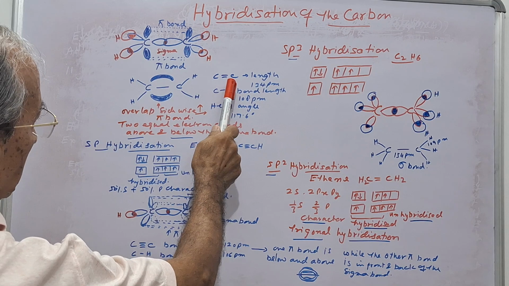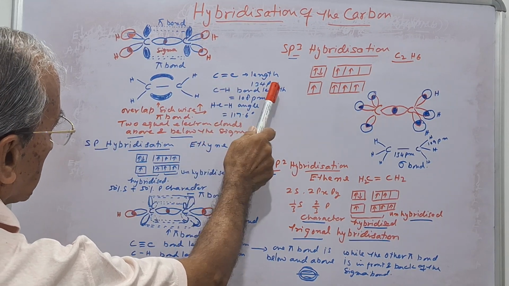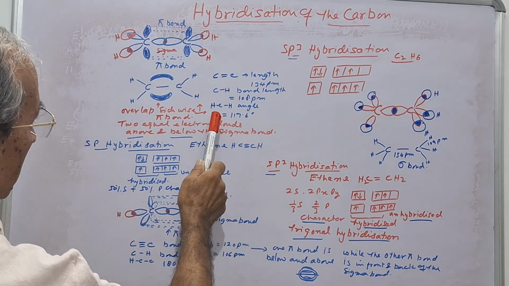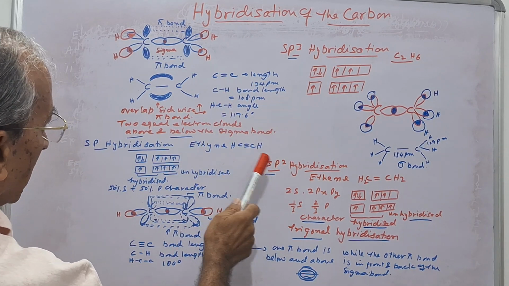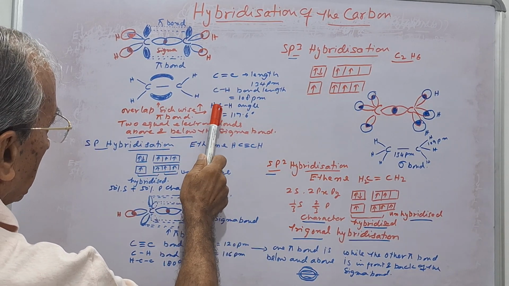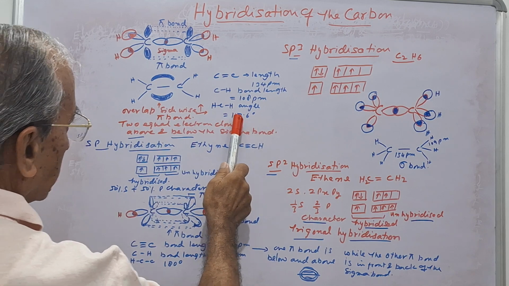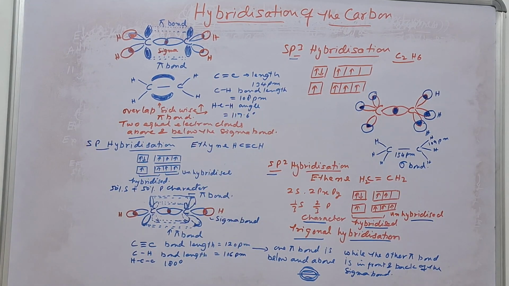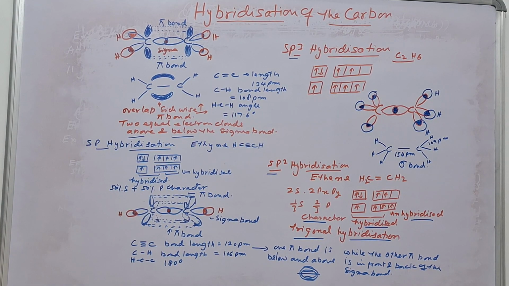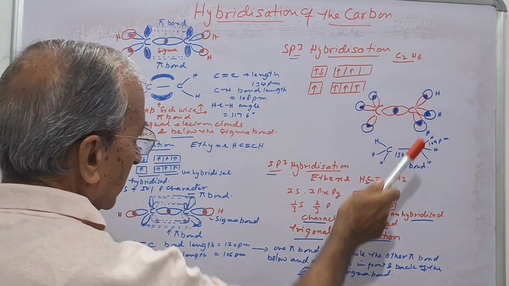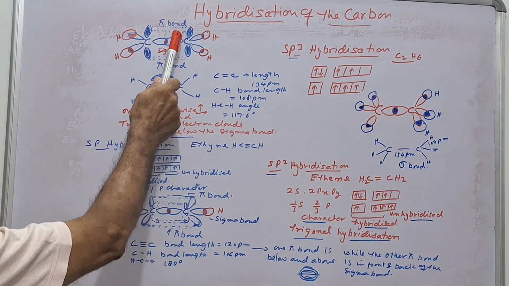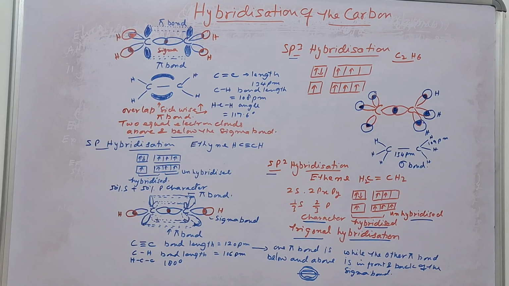The carbon-carbon bond length is 134 picometer, the carbon-hydrogen bond length is 110 picometer, and the hydrogen-carbon-hydrogen angle is 117.6. So this is how the double bond between the carbon-carbon is formed: one sigma and one pi bond.